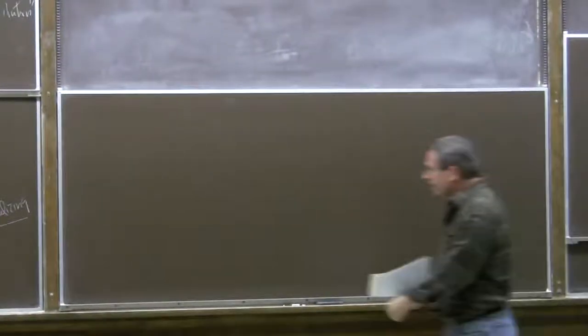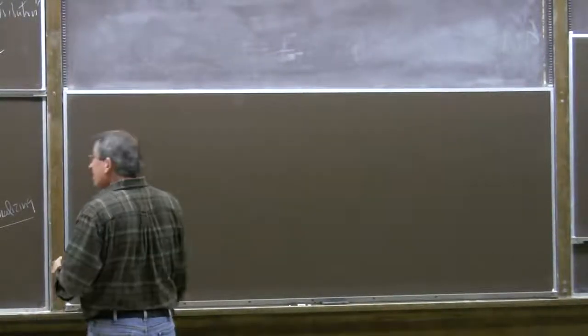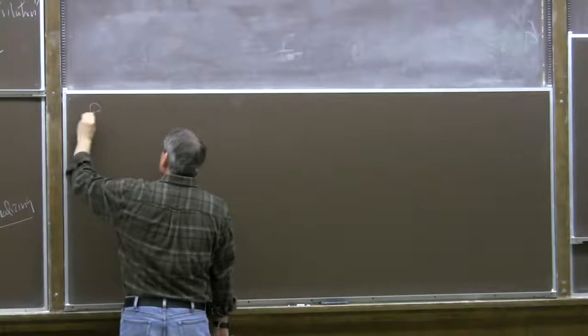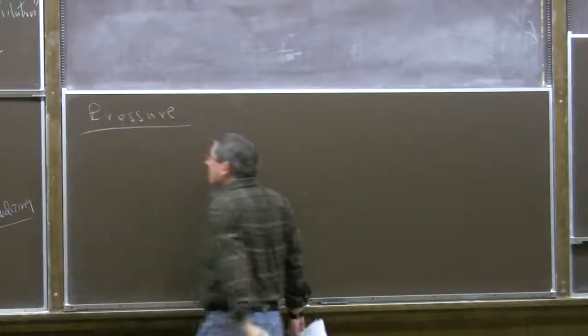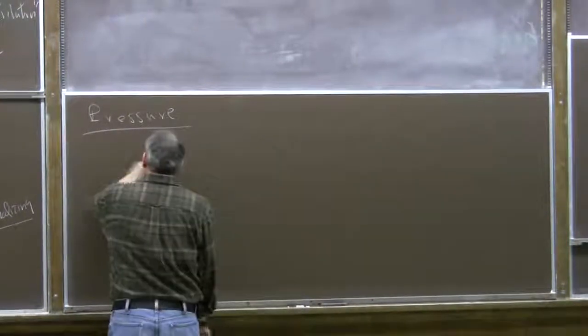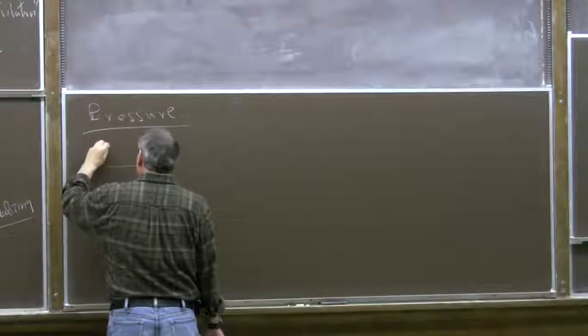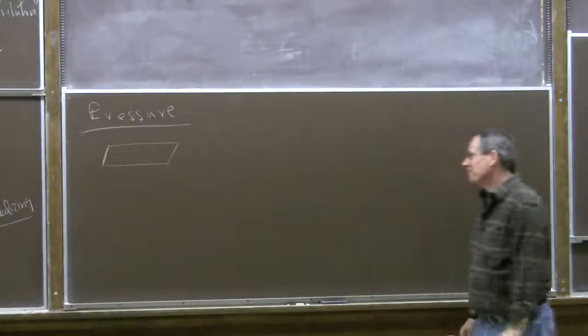Now, a story which I think you've seen before, but it's fun to briefly revisit, is how we understand pressure from the point of view of kinetic theory in an ideal gas. So we have gas in a box, and look at one of the walls of the box. Boxes do have walls.